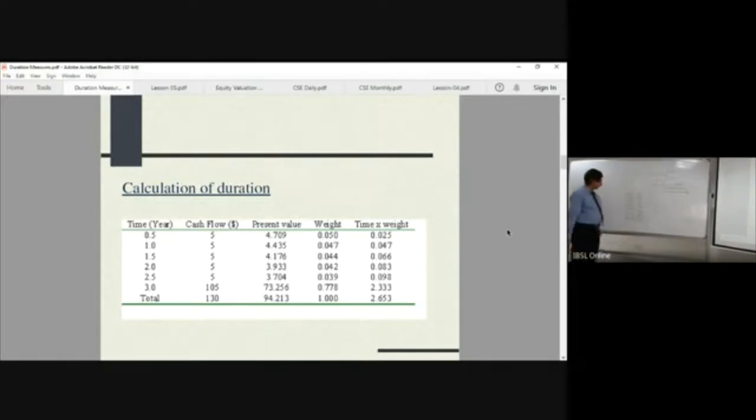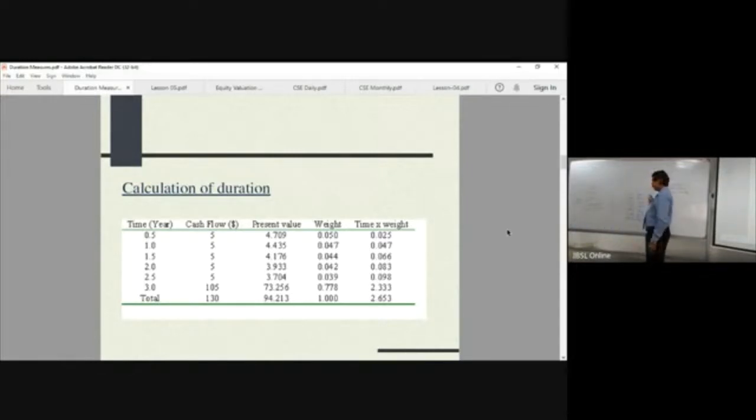Now we have the weights and we have the time on the other side. So time 0.5, 1, 1.5, 2, 2.5, 3. You do the multiplications and the total.